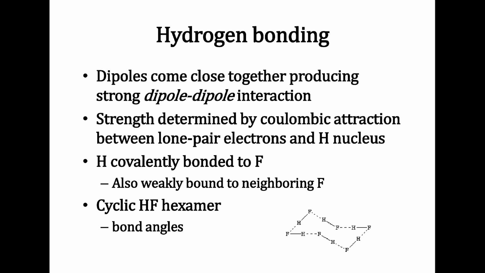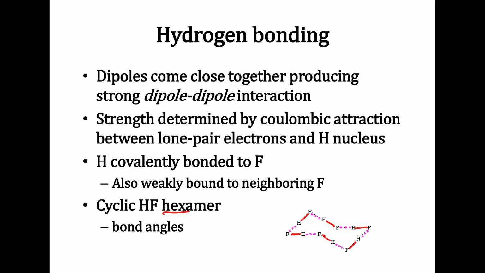Notice these solid lines right here. These denote a covalent bond between hydrogen and fluorine. This has 6, hence the hexamer, HF molecules, but then there are hydrogen bonds denoted by the dashed lines, and we end up getting this stable complex.